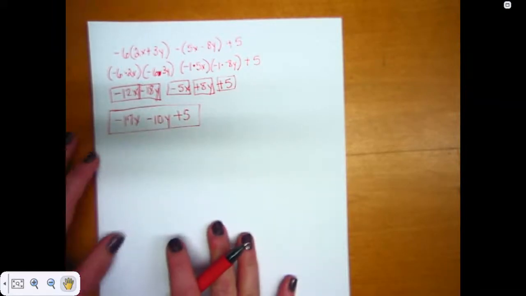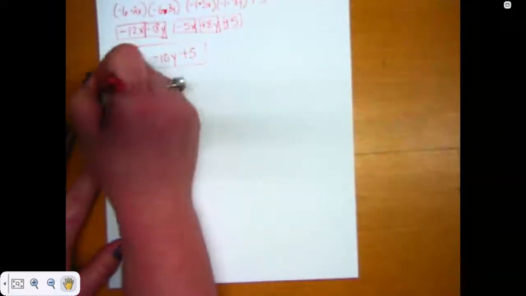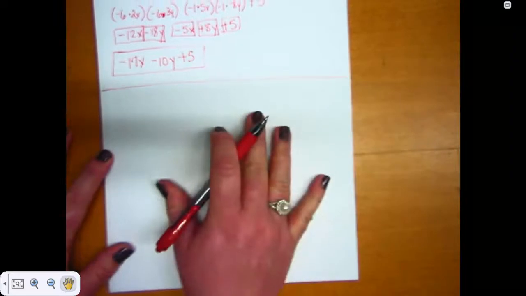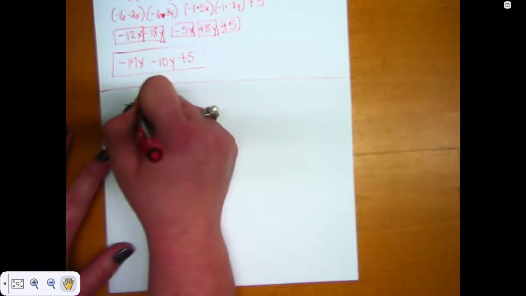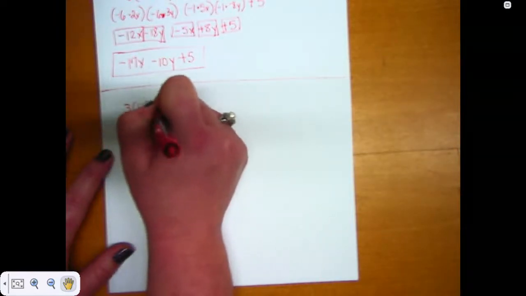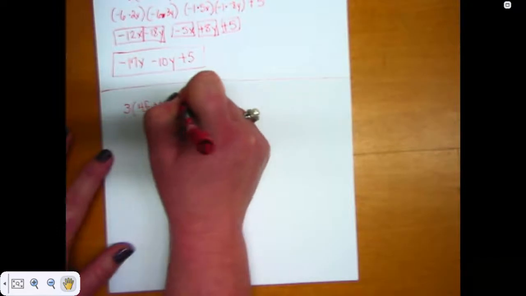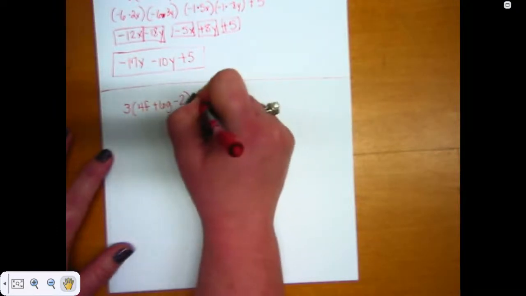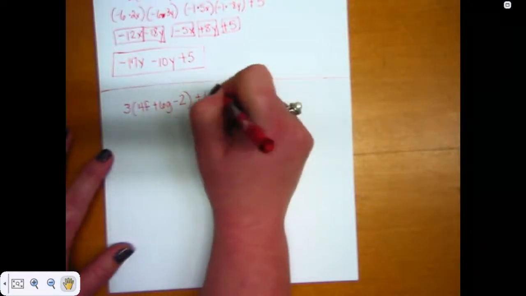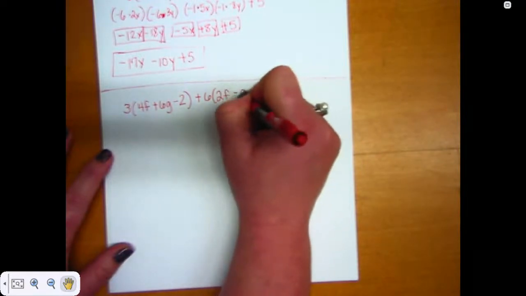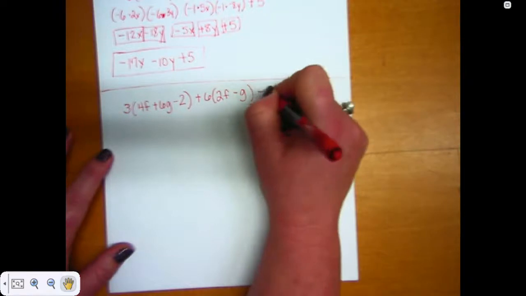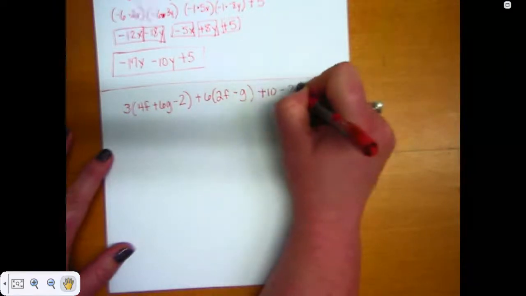Let's try another one. This time, let's do 3 times (4f plus 6g minus 2) plus 6 times (2f minus g), and then plus 10 minus 2g.